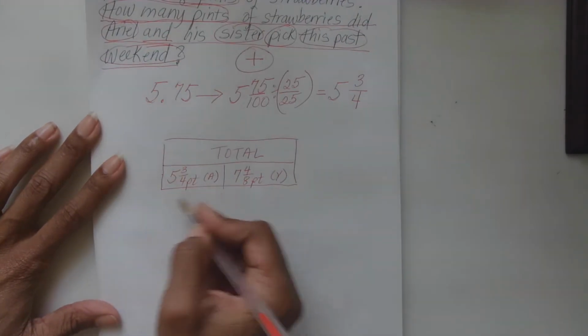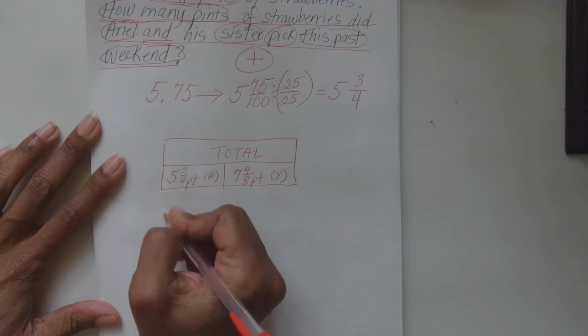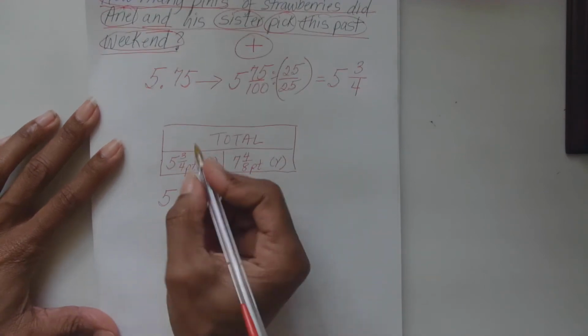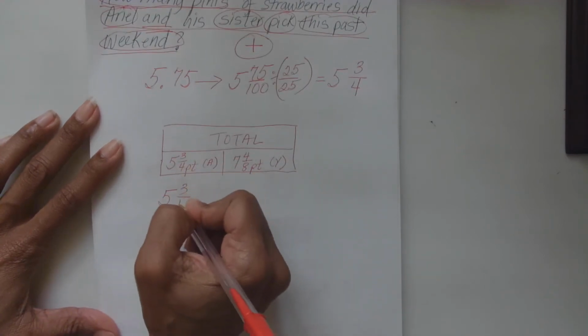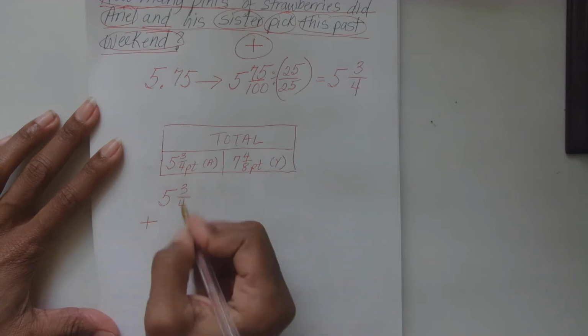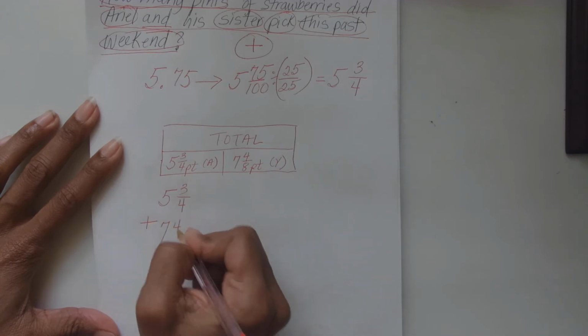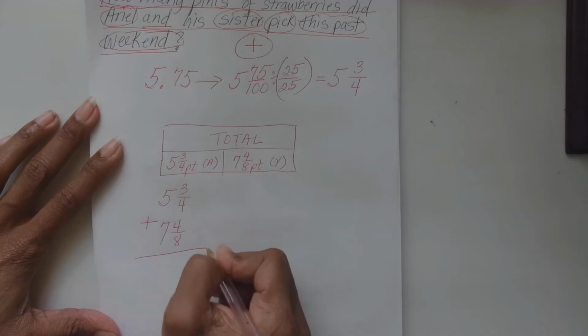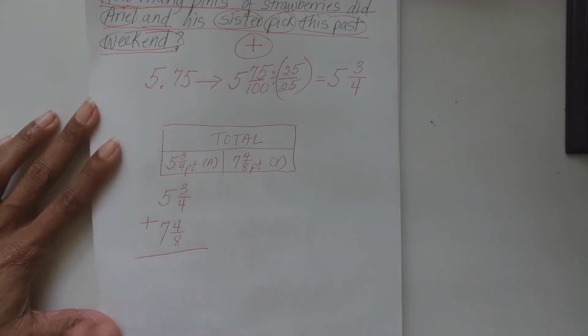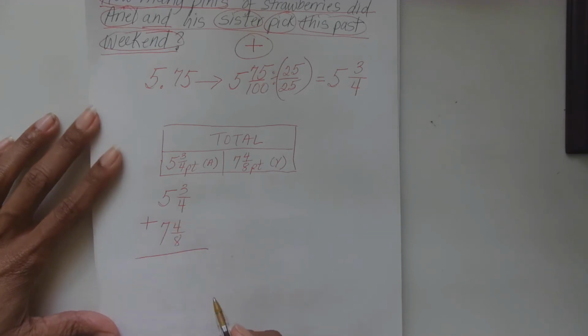So now that I have mixed numbers, I can take 5 3/4 and add to that 7 4/8. At this point, yes, I have mixed numbers, but I can't add the fractions because they have uncommon denominators.